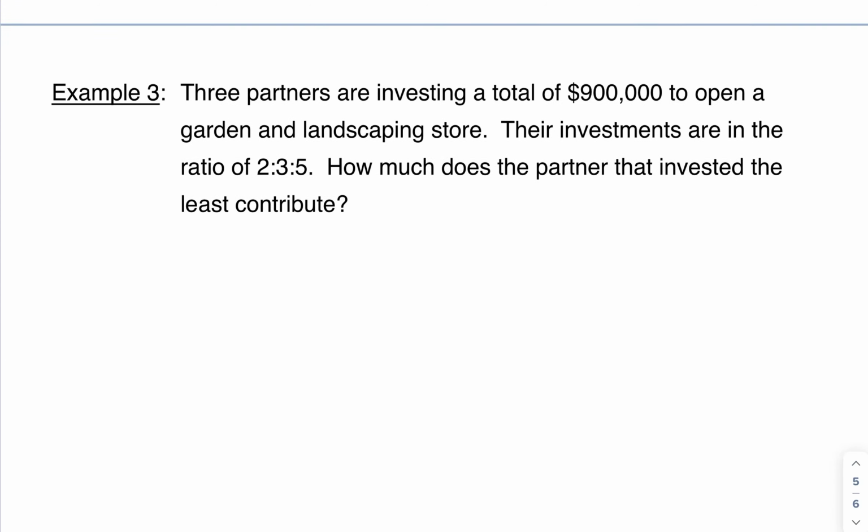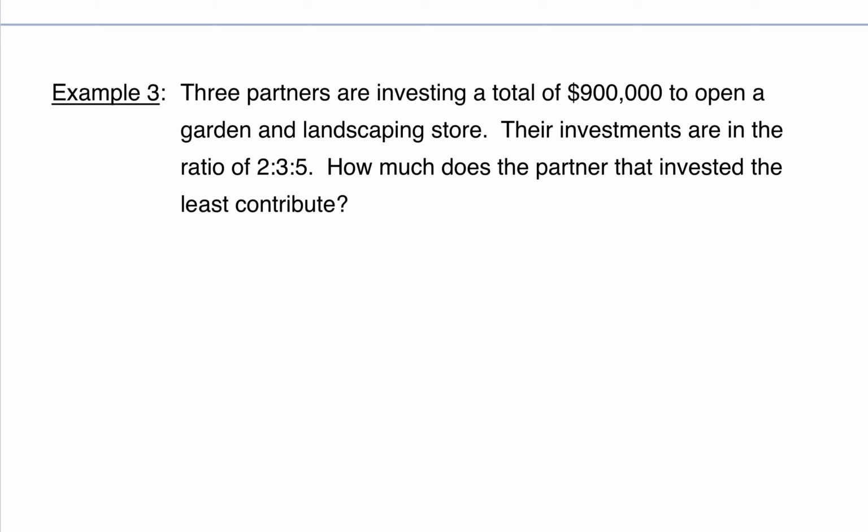Okay, let's go ahead and move on to our last example, example 3. 3 partners are investing a total of $900,000 to open a garden and landscaping store. Their investments are in the ratio of 2 to 3 to 5. How much does the partner that invested the least contribute? All right, so the way to determine this is we have to figure out how much each of the ratio is relative to the 900,000.